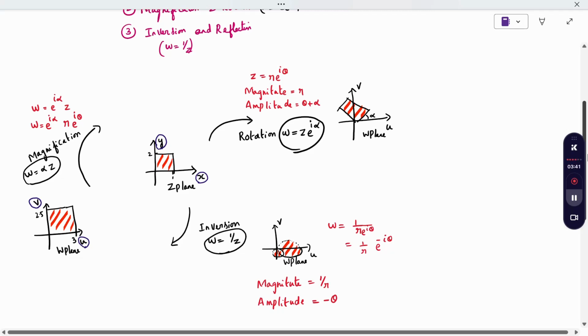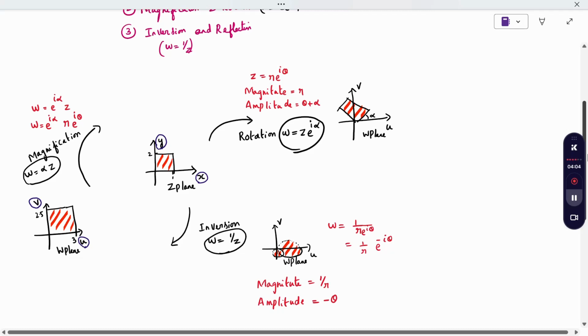Next is rotation. You rotate it by 90 degrees or 80 degrees, like you have heard. Your mobile can rotate 360 degrees. The same thing we are doing here. The rotation for a W plane is Z into e to the power i alpha.